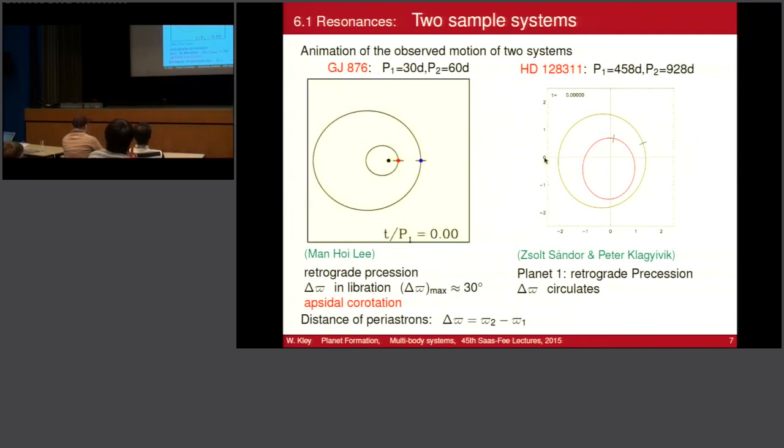These are 2 real examples of extrasolar planetary systems. My most favorite system, or it used to be my most favorite system, now I have another one, but this once was GJ876. It's a system where you have a star and 2 planets, and these planets have periods of 30 and 60 days, and you can clearly see this is 2-to-1.